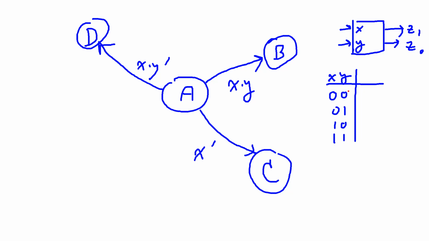That means when you apply one of these inputs, one condition must become true. That means when you OR these conditions, for example, if this condition may become true, this may be false, this may be false, that is 1 0 0.